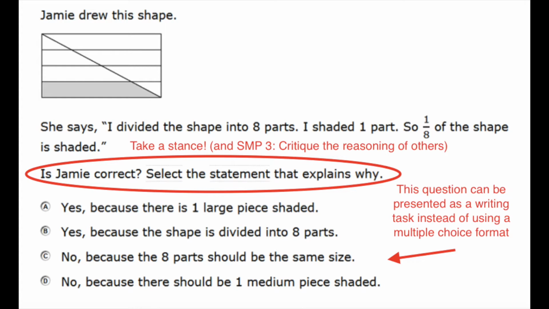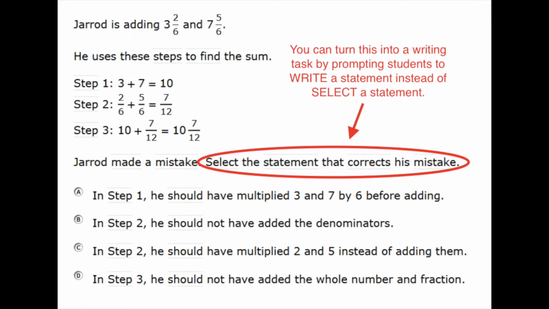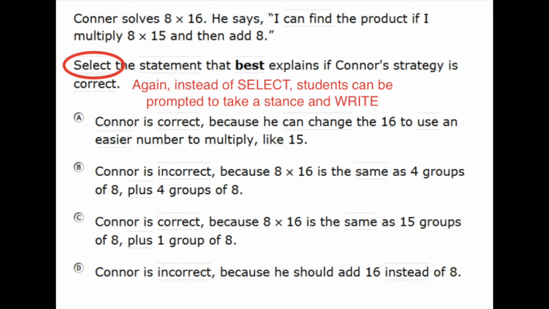The multiple choice tasks that I see in the sample problems at times have answer choices that have words. Think of ways you can present these types of questions, but in a manner that gives students opportunities, once again, to take a stance.